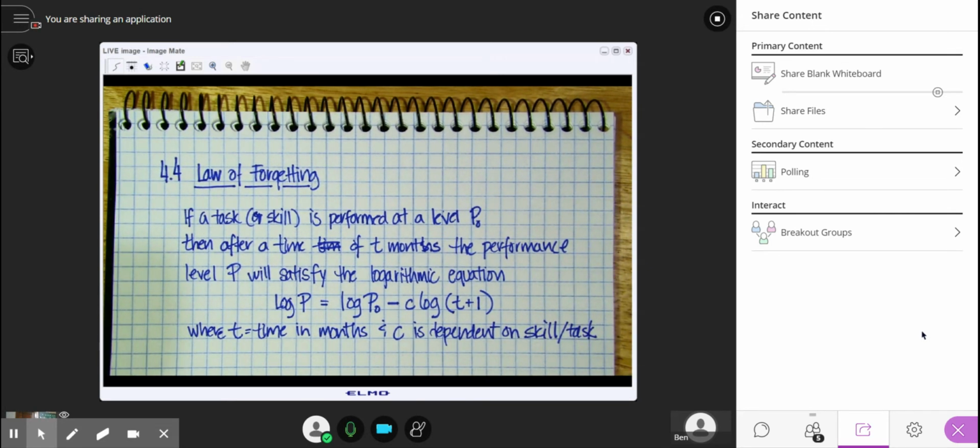So C would be one thing if we were talking about playing basketball, and it would be a different number if we were talking about algebra.